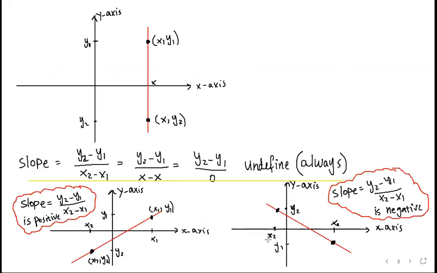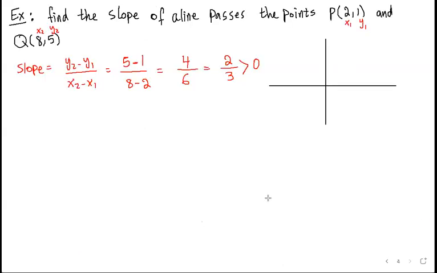Why? Because the slope is positive. So my line is going to be something like that. Okay. Why? Because the slope here is positive again. So this is again my y-axis and x-axis.